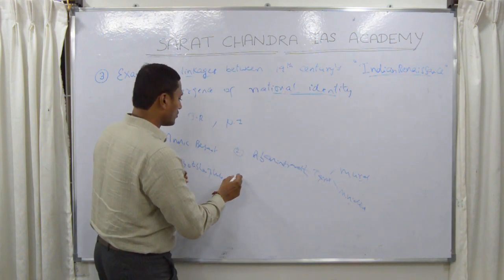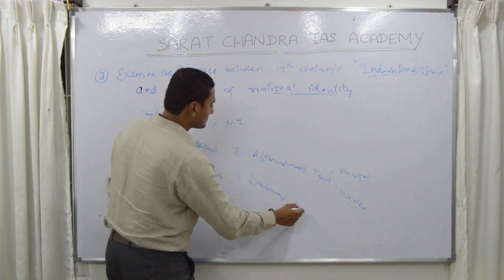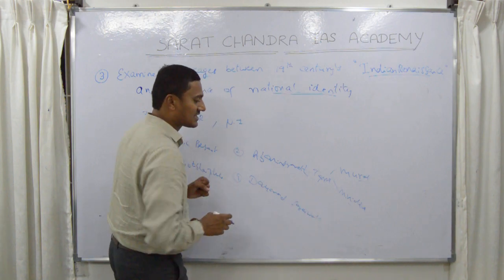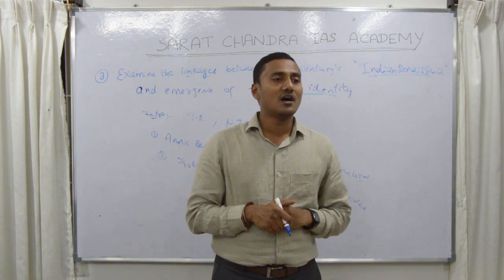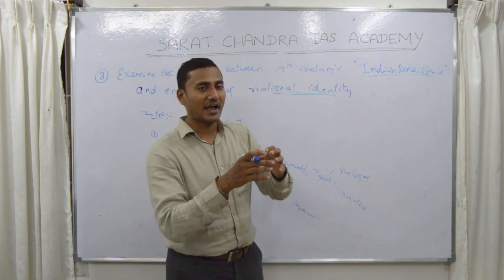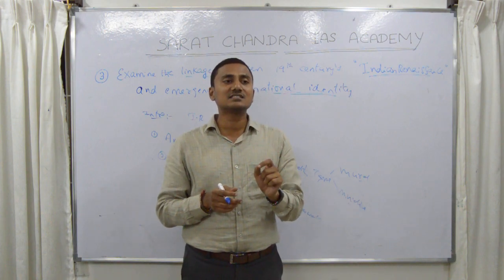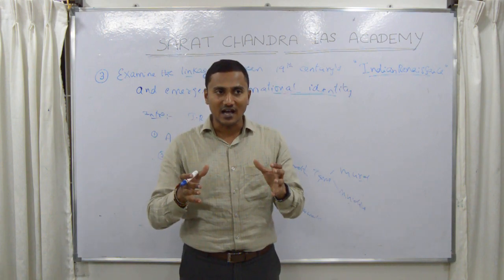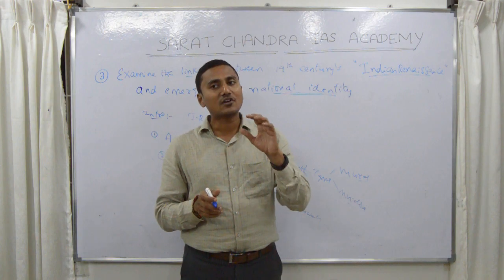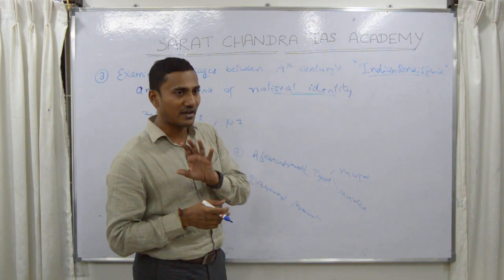Then we can talk about Swami Dayanand Saraswati. He created Arya Samaj, where he wanted to create a national identity based on the creation of a casteless and classless India with the slogan "Back to Vedas." So thus we can link this also with the national identity.